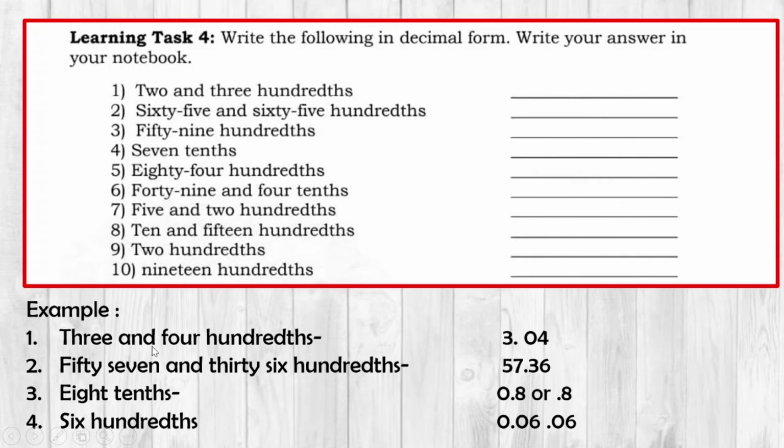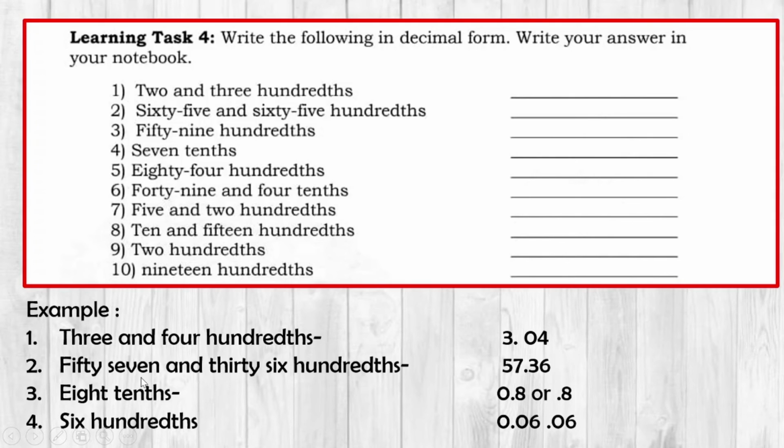Ibig sabihin, pag may "and", yun na yung point. 3 and 4 hundredths. Bakit 0.04? Bakit hindi 0.4? Kasi po, kanina, yung 0 ay nasa tenths at yung 4 ay nasa hundredths. Ganito po sinusulat ang 3 and 4 hundredths.